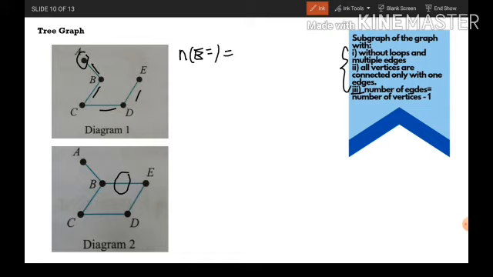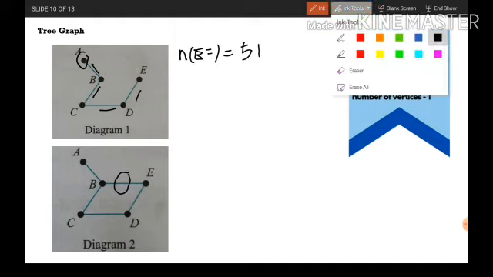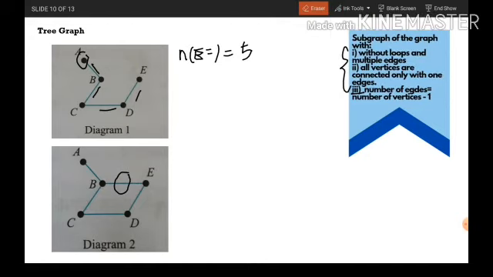How many vertices are there? 1, 2, 3, 4, 5. So 5 minus 1 is equal to 4. The edges is supposed to be 4. So count how many edges are there. 1, 2, 3, 4. So this is a tree graph.